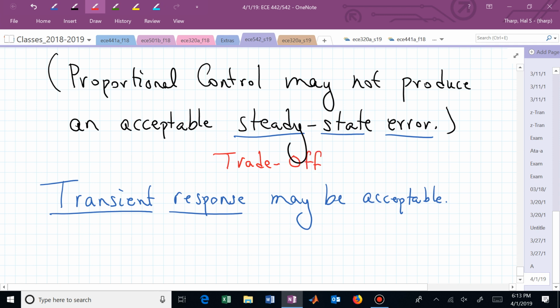You now may have to worry about these competing objectives. You may have to trade them off. You may have to figure out, can we reduce our error? Do I want to change or modify my transient response? Question?